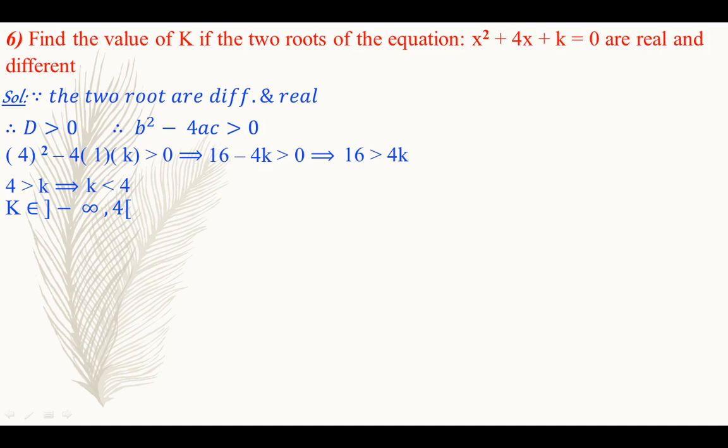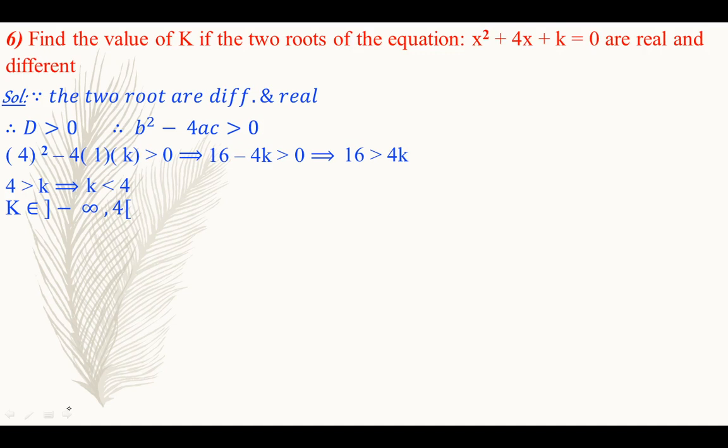So if you replace k in this example by any number that belongs to the interval from negative infinity to 4, like negative 10, negative 20, negative 100, and you write the equation x power of 2 plus 4x minus 100 equals 0, you will find that the two roots of the equation are real and different.